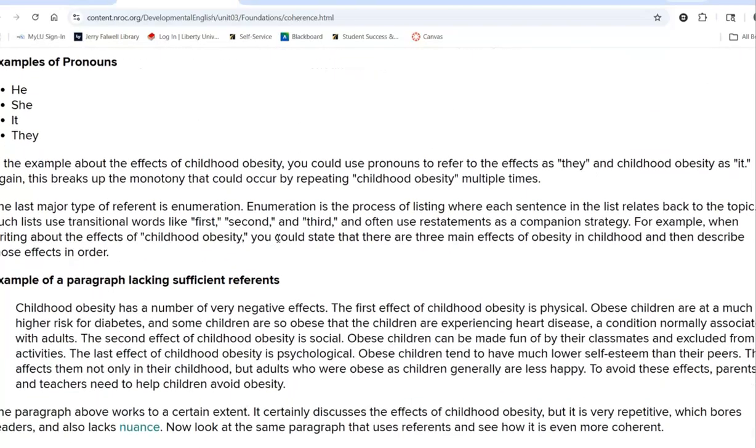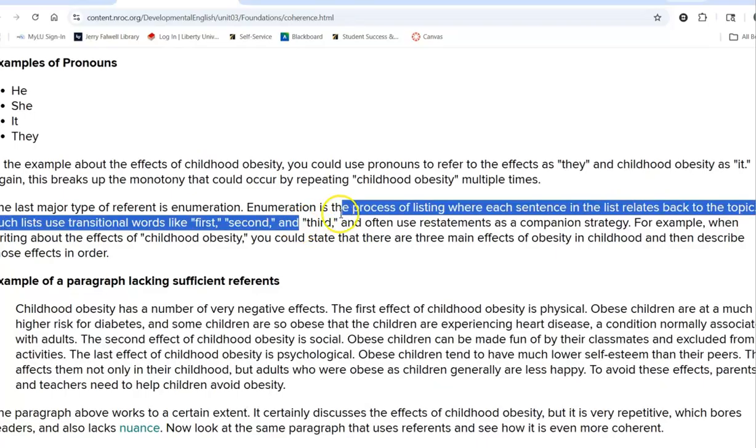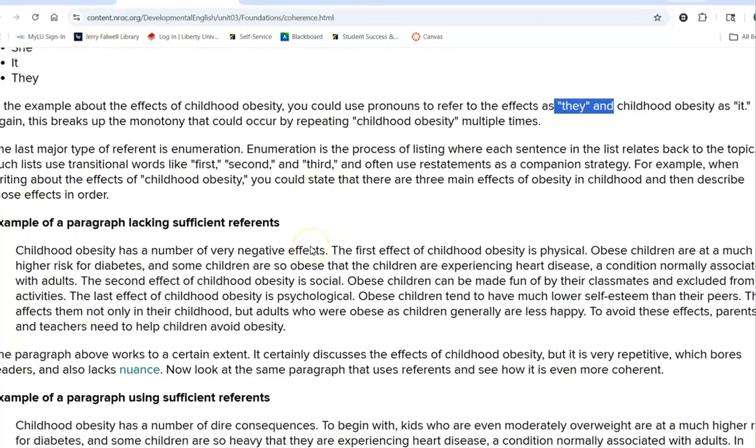So it can be transition statements or transitional words, things like using first, this happened, second, and third, if you're giving items in a series or listing or describing how things happen in order. It can also be using different pronouns as well. In fact, like using he, she, it, or they, and then they give this example over here of using they.